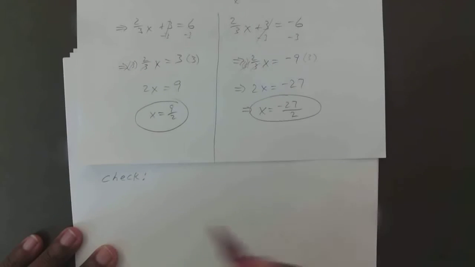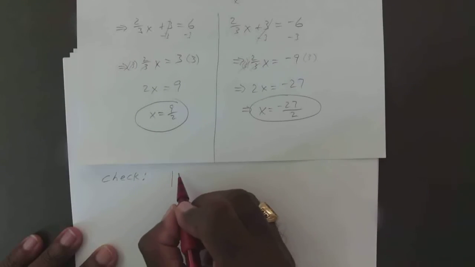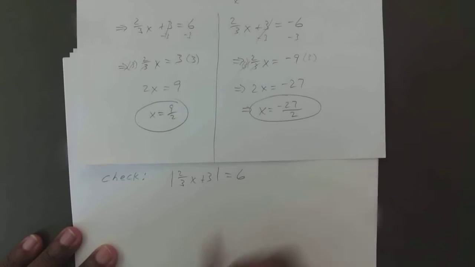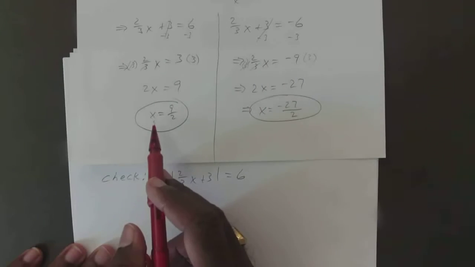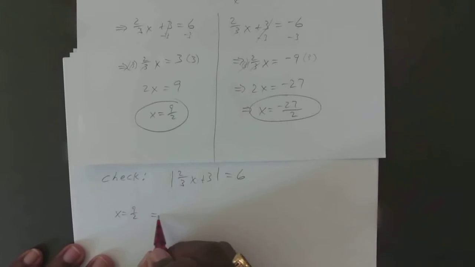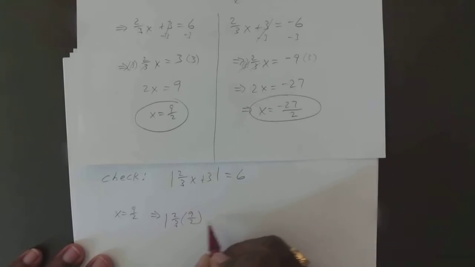If we check it with our original, you have the absolute value of 2/3 x plus 3 equals 6. So if we check x equals 9 over 2, that would give us the absolute value of 2/3 times 9 over 2 plus 3 equals 6.